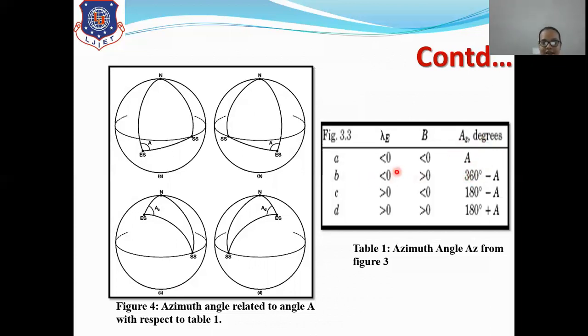If lambda e is negative but B is positive, then it will be 360 minus A. If lambda e is positive but B is negative, then it will be 180 minus A. And if both are positive, then it will be equal to 180 plus A. So from this table, we need to remember how to calculate the azimuth angle.